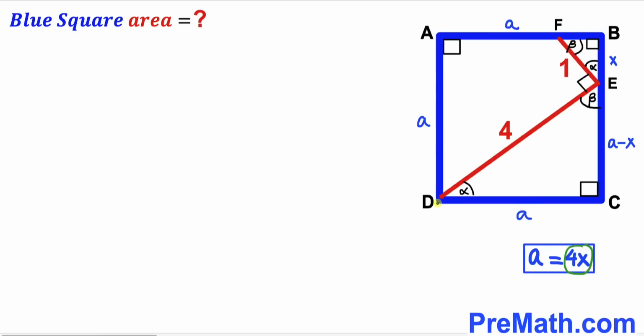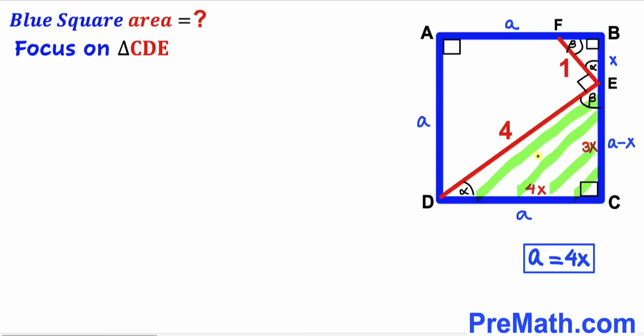Therefore, this CD side length is 4x. Likewise, CE length being represented by a minus x, if we substitute the a value, is 4x minus x, which gives us 3x. So our CE side length turns out to be 3x.